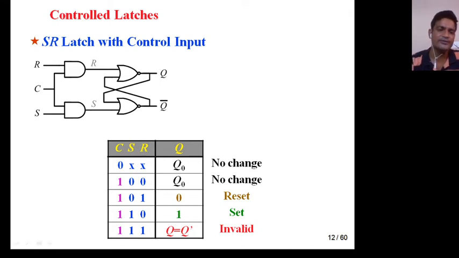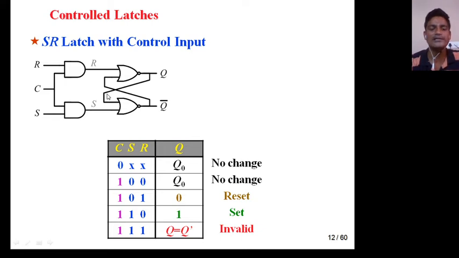If its value is 1, 1 into R it will be R, 1 into S it will be S. Now from here you can see the characteristic table we are getting, which I discussed in the latch. So this is the same table, and you have to remember this table for your SR latch. This is your NOR based latch.